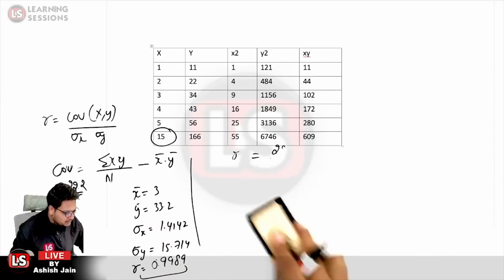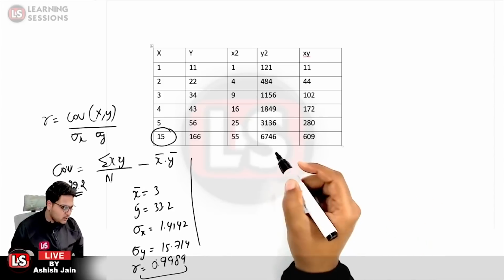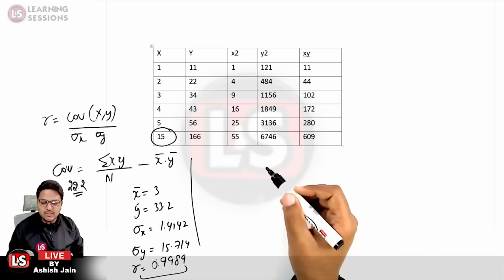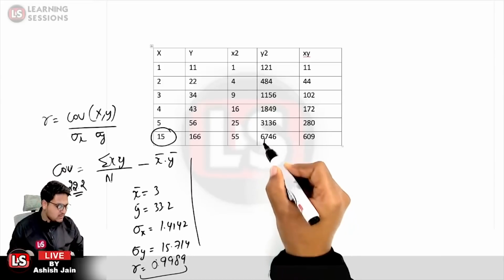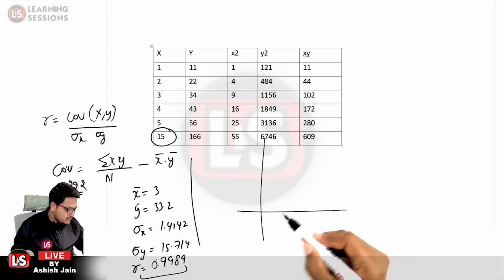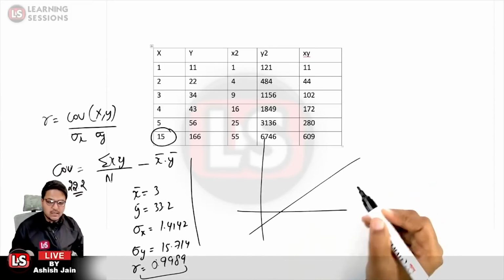Okay, and further once we have calculated the value of small r, it will be asked in the question that you need to calculate the different intercepts, because over here we are solving the correlation coefficient which is basically linear only. So in case we are considering a line, what is the equation of line?